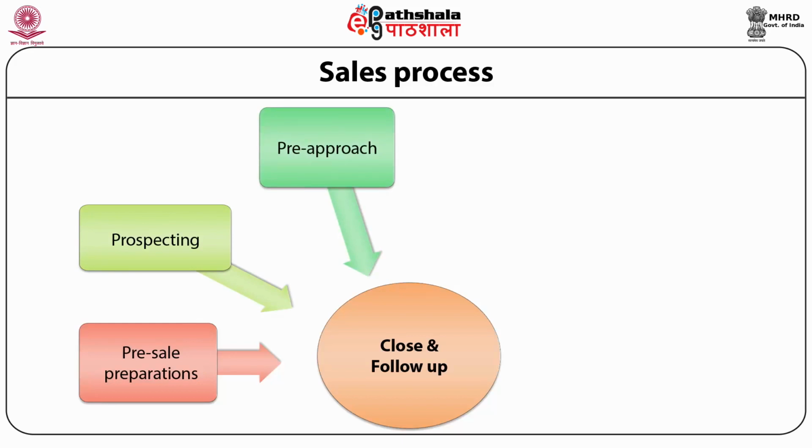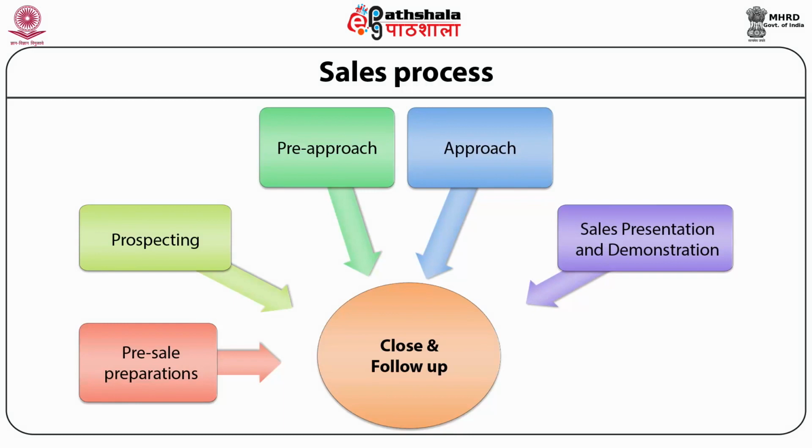Then customers or prospective customers are approached. Then sales presentation and demonstrations are made to them. And in case they have certain objections, these are overcome. And in the last, it leads to close and follow up the sale.